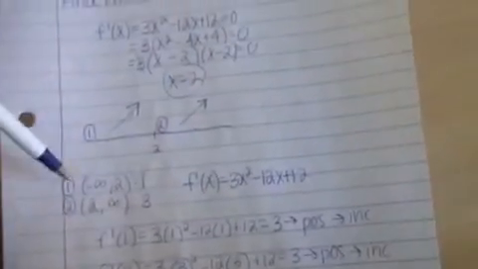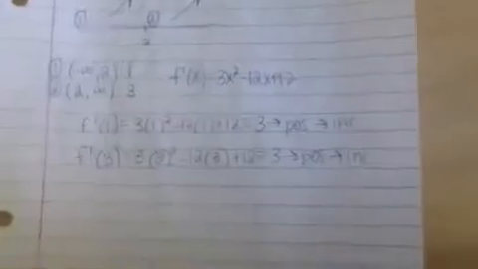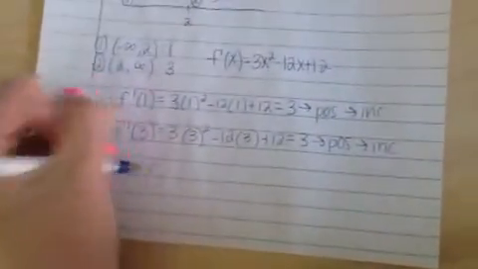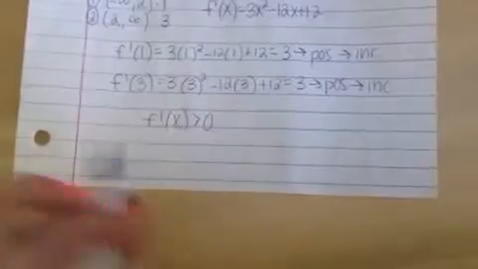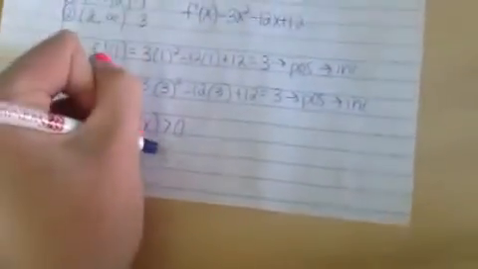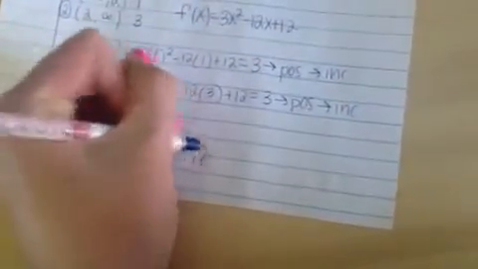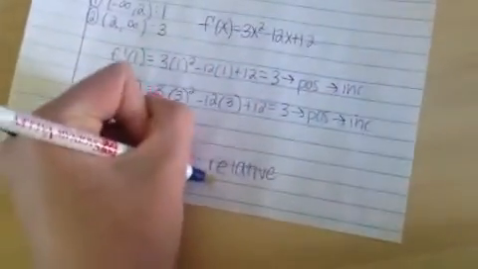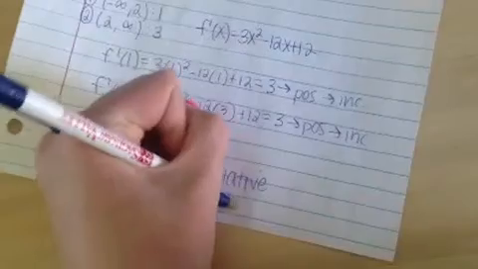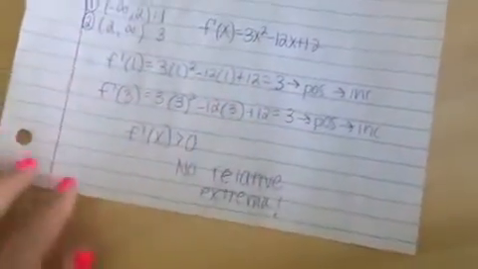So it looks like it's just increasing all the way through. So that means both derivatives are positive because they're both greater than 0 on the derivative. So that means there's no relative extrema. And there's your answer.